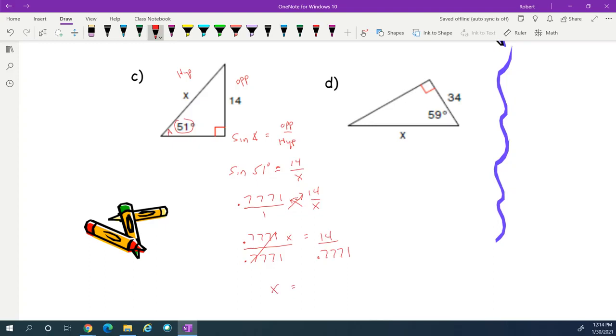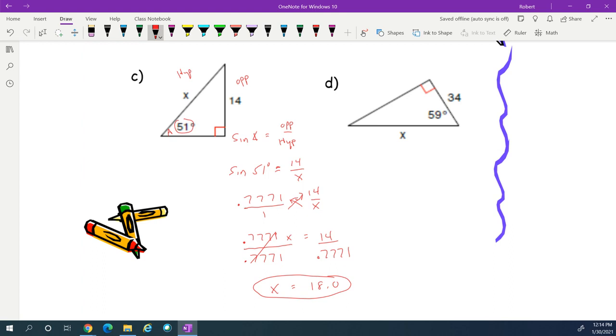So it's 14 divided by 0.7771 for an answer of 18.0. Now think about this. We were looking for the hypotenuse, so it has to be bigger than 14. We can catch mistakes very easily if we're attentive to some of the details.